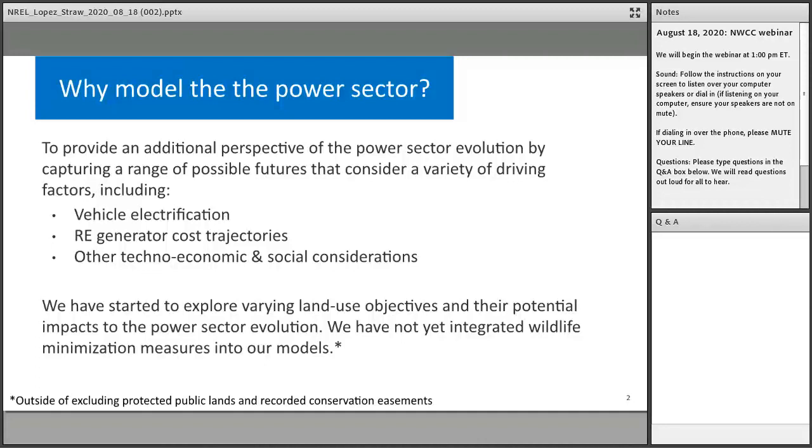Indeed, there's a lot we can learn from estimating future deployment, but I'll say that we have yet to date to fully integrate wildlife minimization measures into our models, aside from excluding protected public lands and conservation easements and the like. What I'm hoping is that after today, you have at least a surface level understanding of our models and how they translate to future wind deployment estimations, and how your particular expertise might help advance this body of research.